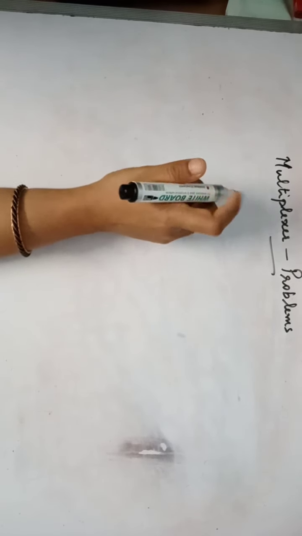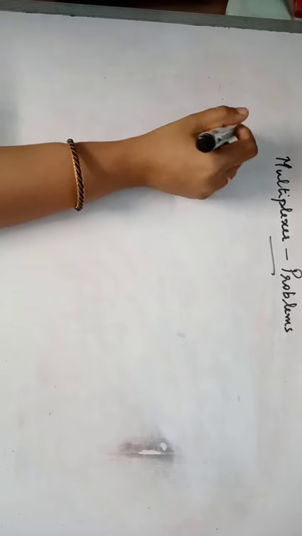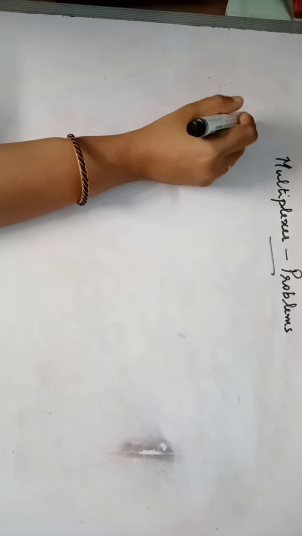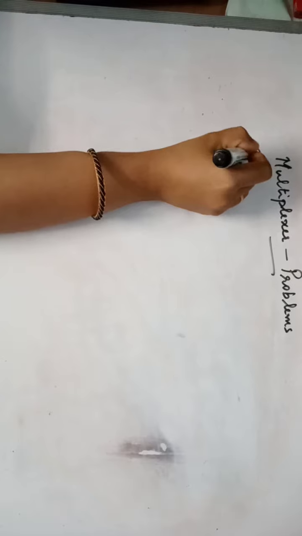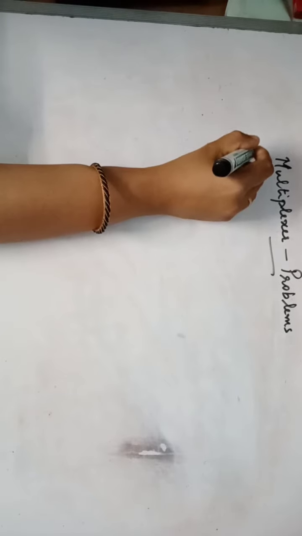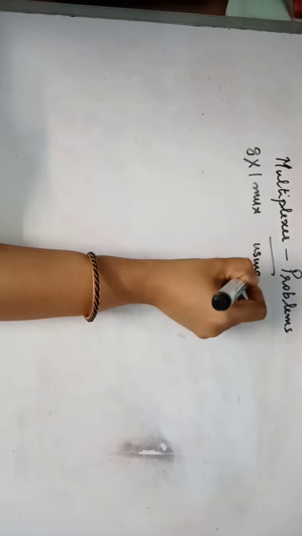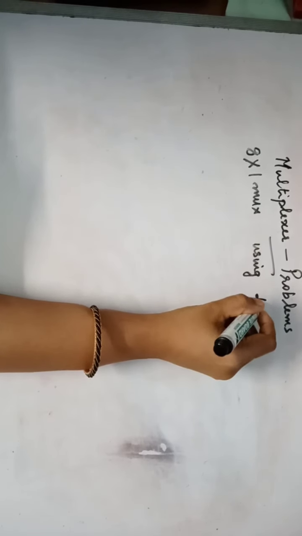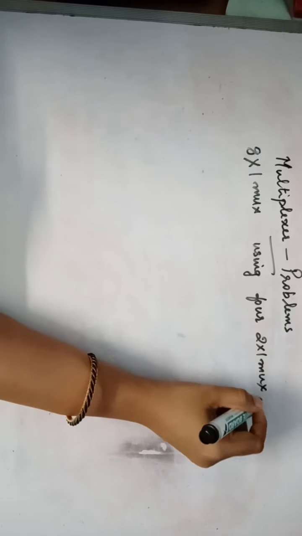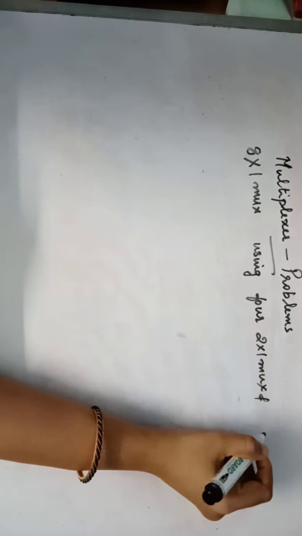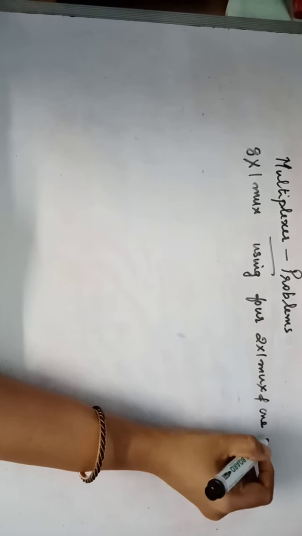Next we'll see some multiplexer problems. Suppose you want to create an 8 by 1 mux using 4 2 by 1 mux ICs and 1 4 by 1 mux.